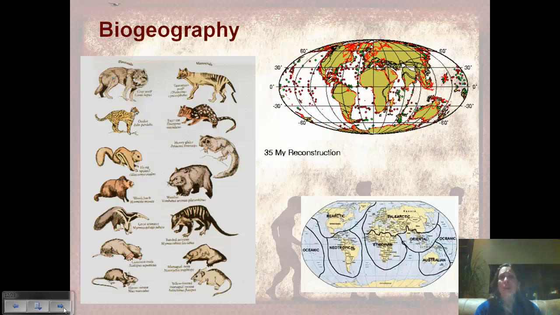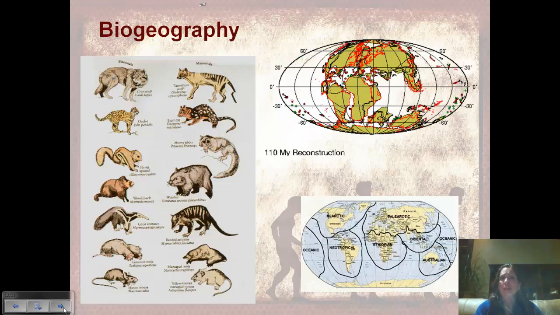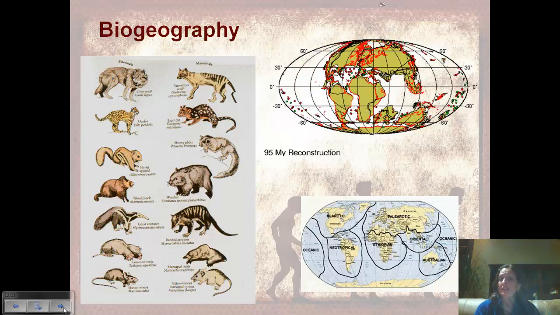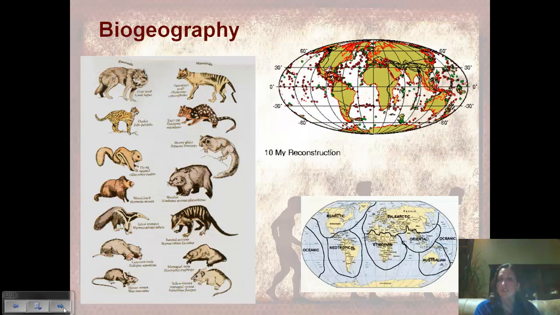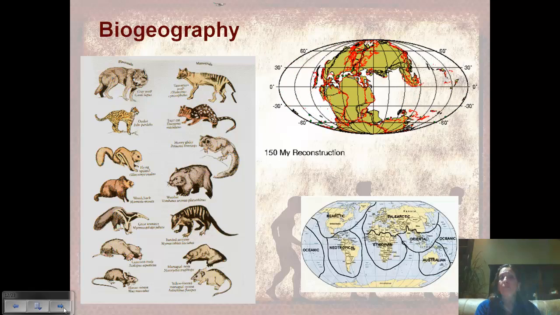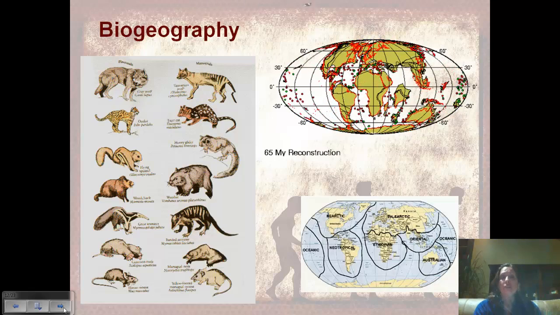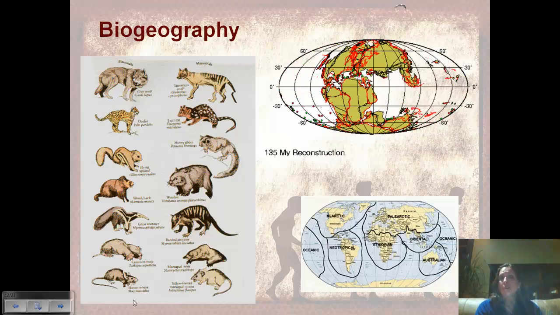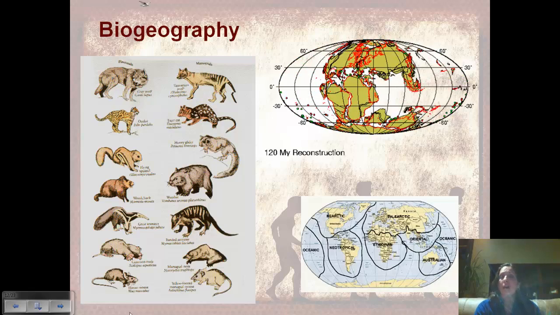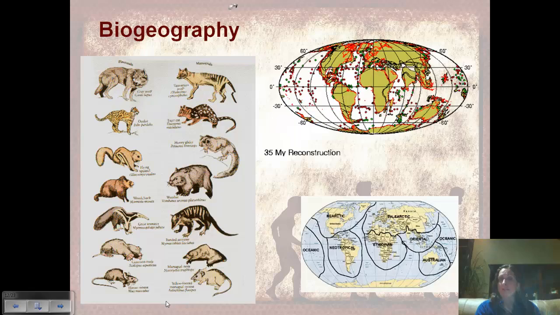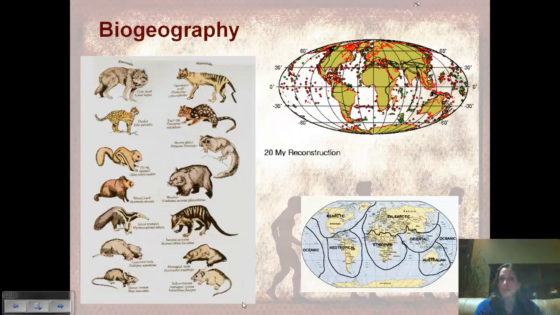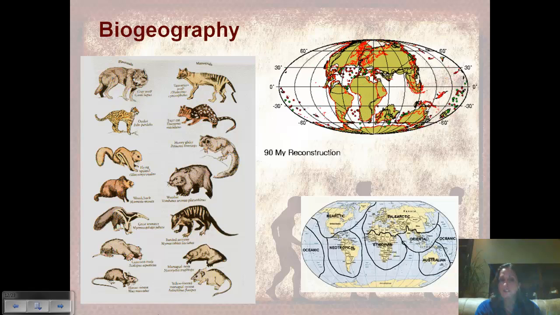Another example that we use as evidence for evolution is biogeography. We can look at the movement of the continents on Earth. The Earth has evolved, and we can compare that to where we find certain organisms, and we find patterns. As an example, we know that the continents were all clustered together in Pangaea at one point, and now they've separated into what we see today. Down below is showing you the Earth as it is today.